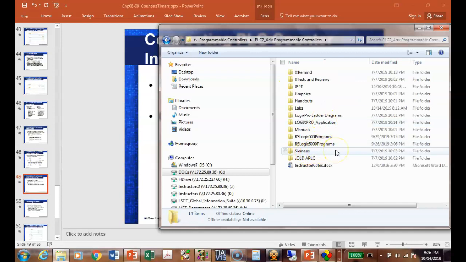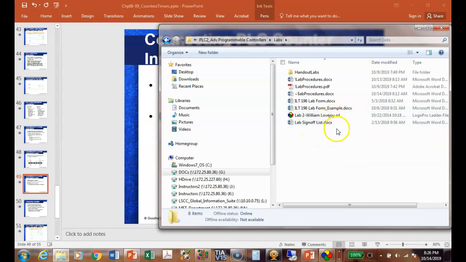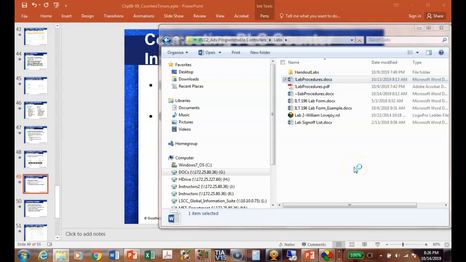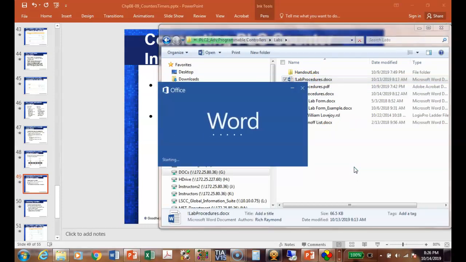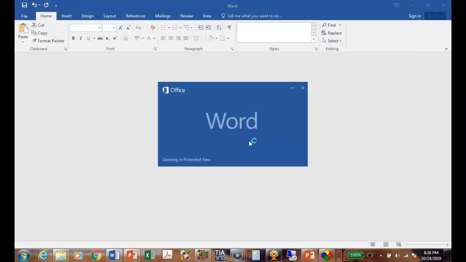So the lab procedures are pretty close to what we did last class. So what do y'all need for every lab? Yeah, the lab form, right?